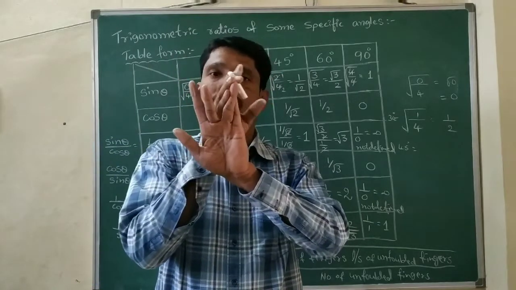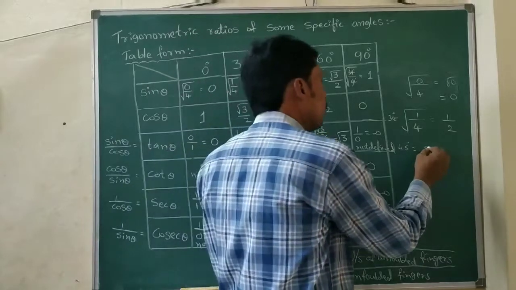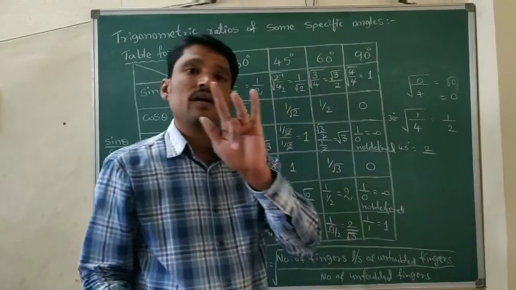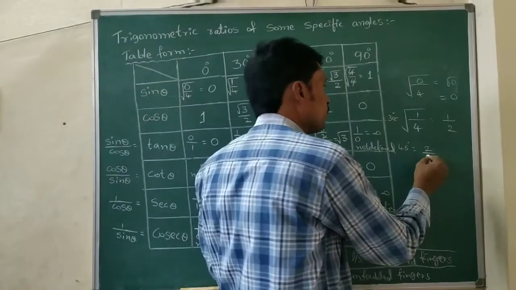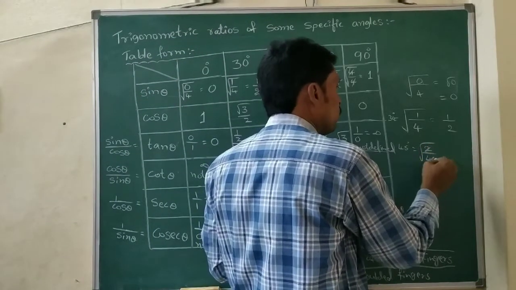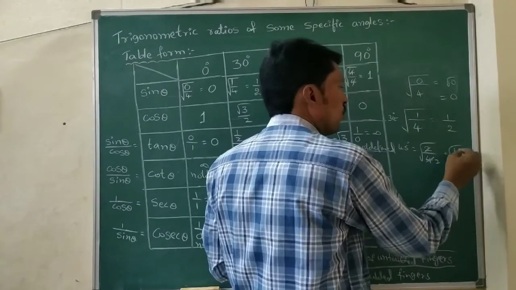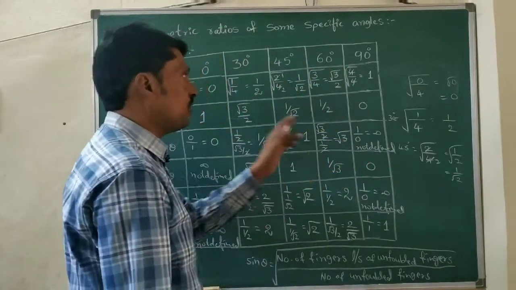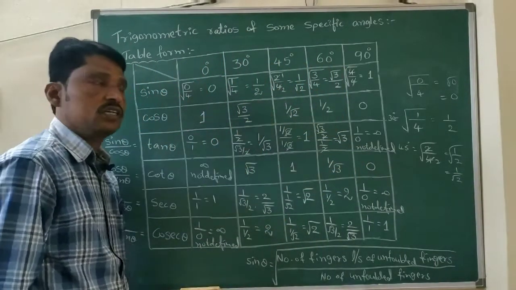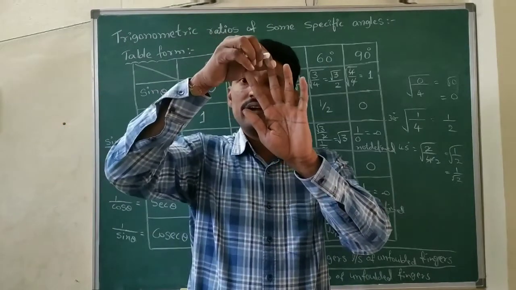On the left side, how many fingers are there? 2 fingers, by the total number of unfolded fingers: 1, 2, 3, 4. By 4. So 2 by 4 under root, that is 1 by 2 under root. Taking individually, it is 1 by root 2. So what is the sin 45 value we got? 1 by root 2. Then 45 is completed.